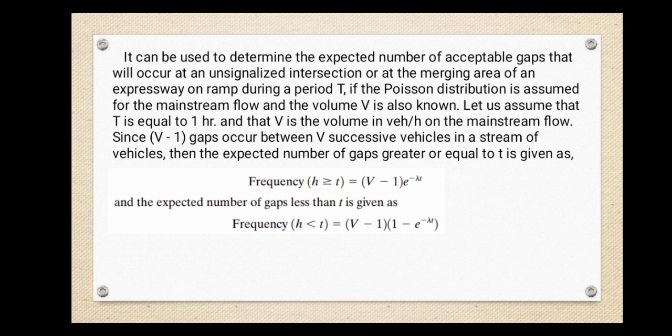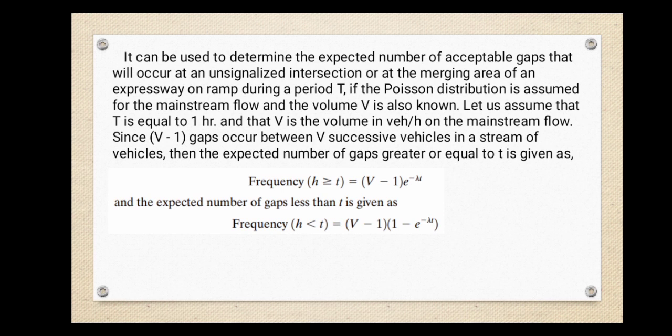If the Poisson distribution is assumed for the mainstream flow and the volume V is also known, let us assume that t is equal to 1 hour and that V is the volume in vehicles per hour on the mainstream flow.